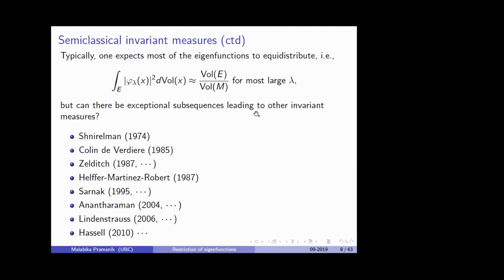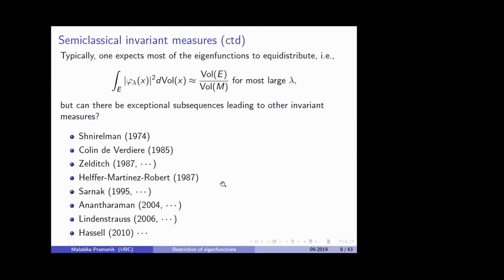Based on physical considerations, one expects most eigenfunctions to equidistribute. In other words, for the limiting measure to be uniform, but can there be exceptional subsequences that give rise to other measures?